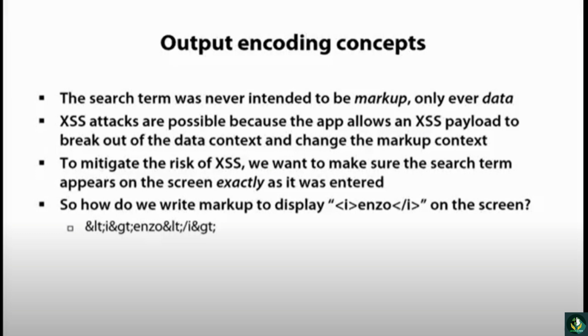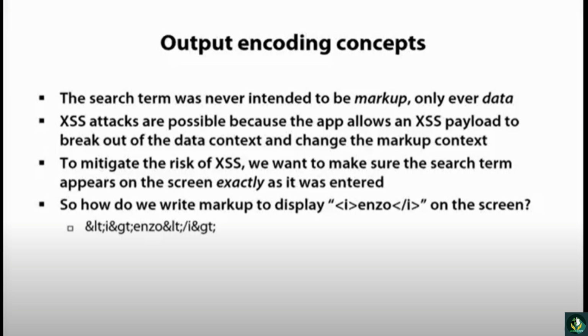Output encoding concepts. The search term was never intended to be markup, only ever data. XSS attacks are possible because the app allows an XSS payload to break out of the data context and change the markup context.